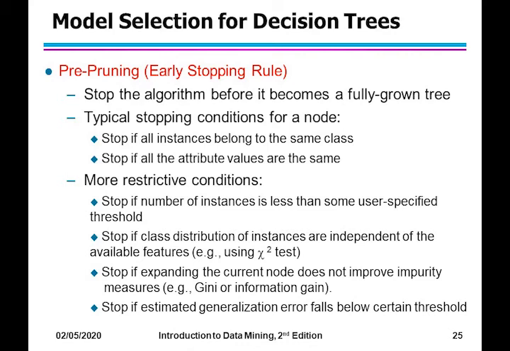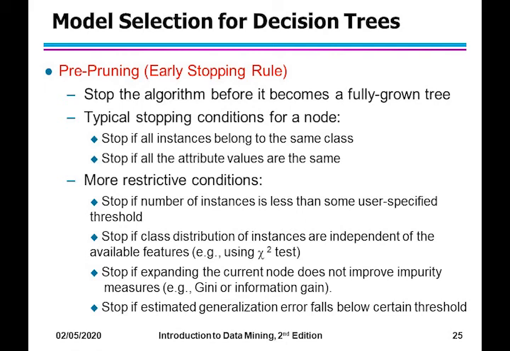More restrictive conditions. 더 제한적인 조건은 Stop if number of instances is less than some user specified threshold. 인스턴스 숫자가 사용자가 지정한 문턱 threshold보다 작을 경우에 스톱합니다. Stop if class distribution of instances are independent of the available features. 인스턴스의 클래스 분포가 피처와 서로 독립적일 때 스톱합니다. 예를 들면 카이스퀘어 테스트 등을 활용할 수 있습니다.